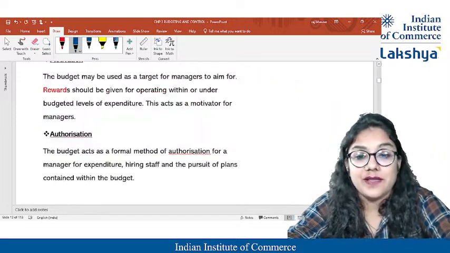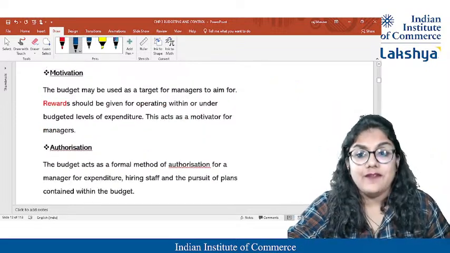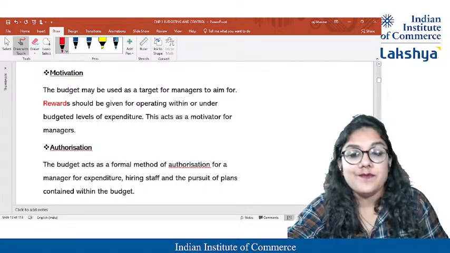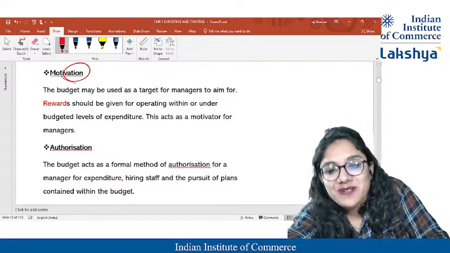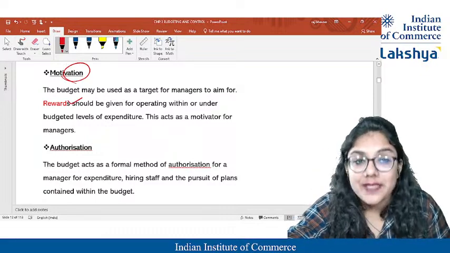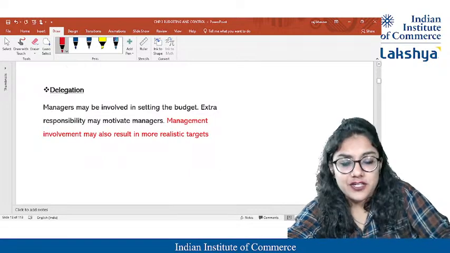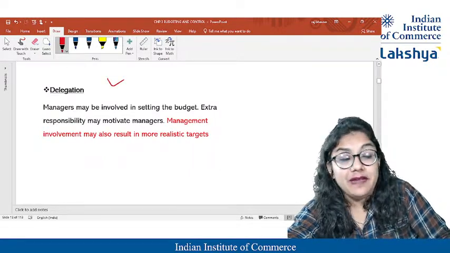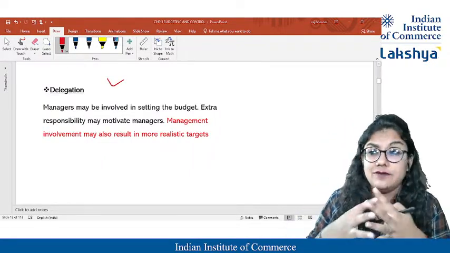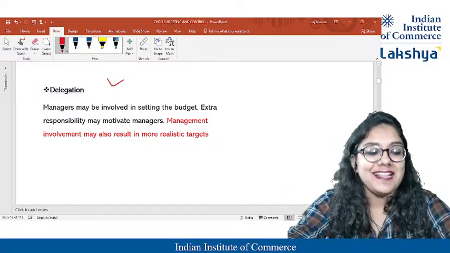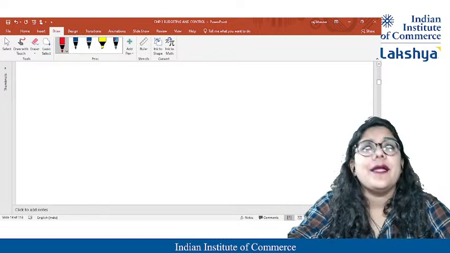If I get to know that this time the production department did a good job, we need to motivate them and give them rewards. We need to give people authority and some delegation also, so that people will feel valued, achieve the desired targets and work at their full 100%. This is what the motives are. I hope you understood it.